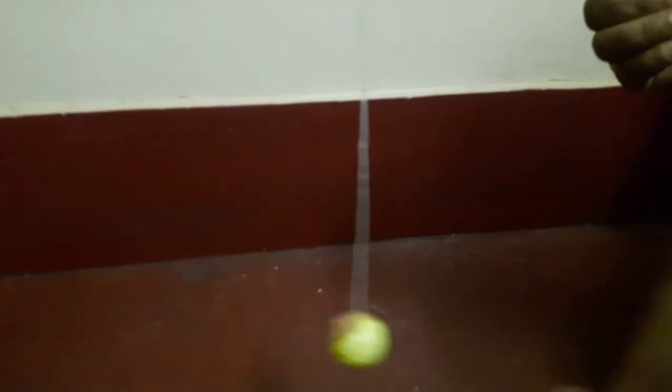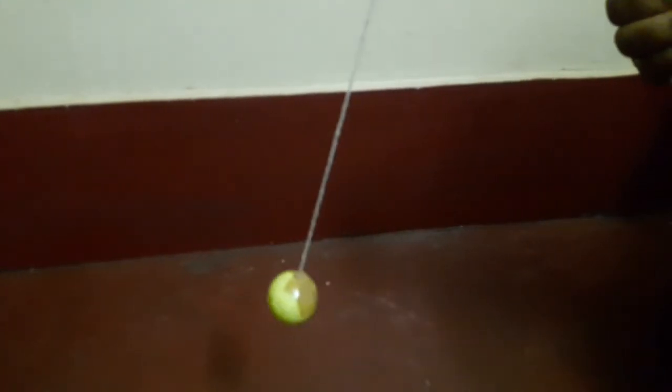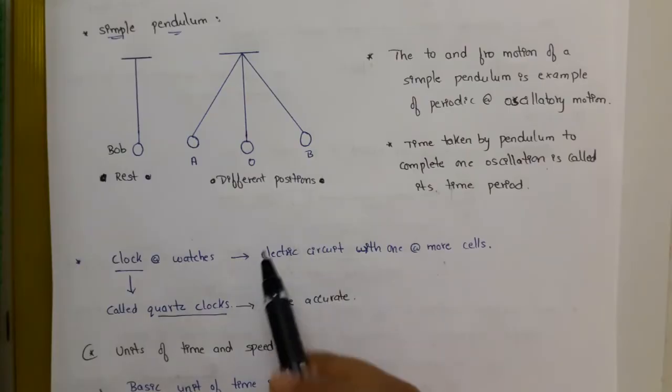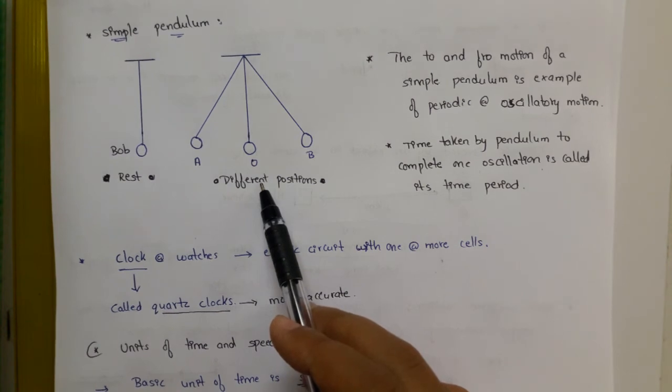One complete to and fro motion is called one oscillation. This way you can determine the mean and extreme positions and also the time of oscillation of a simple pendulum. Hope you have understood the simple pendulum experiment and how it works.